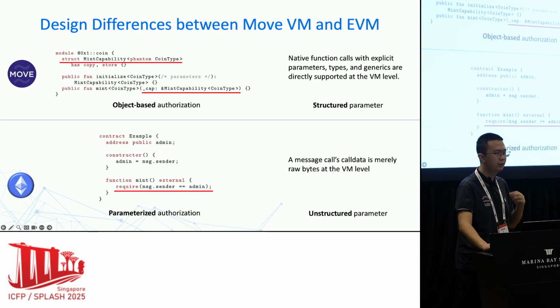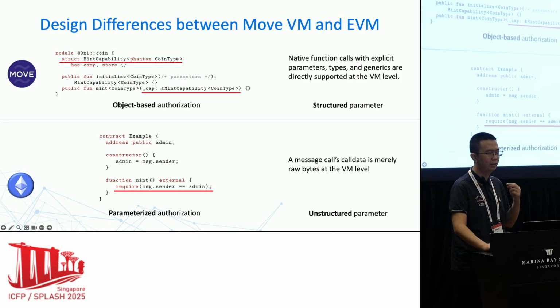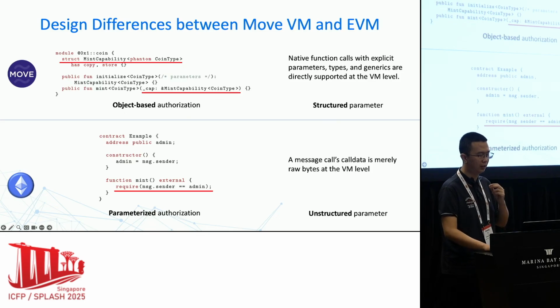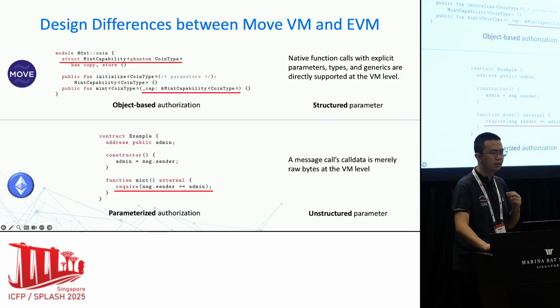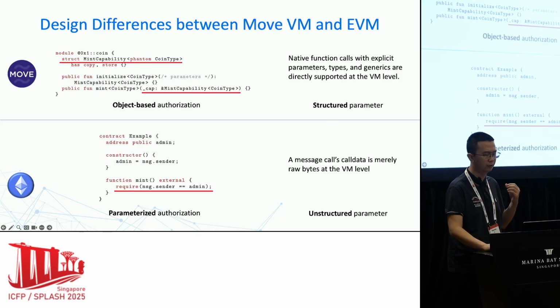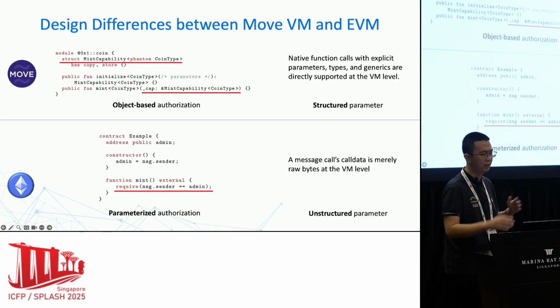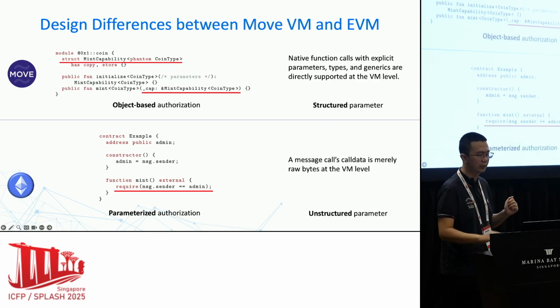Another difference is the parameter. In the Move language, there is language and virtual machine level support for the concepts of functions, parameters, types, and even generics. But for the EVM, at the virtual machine level, there is no concept of a function. They are merely raw data, a chunk of data.